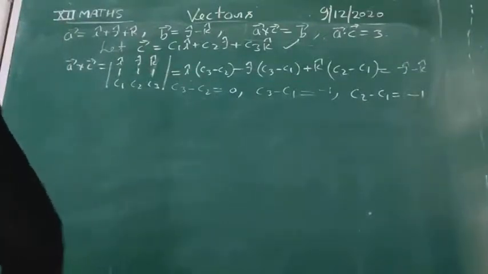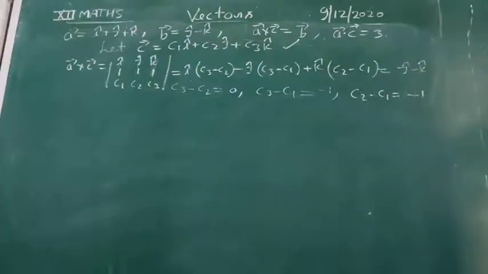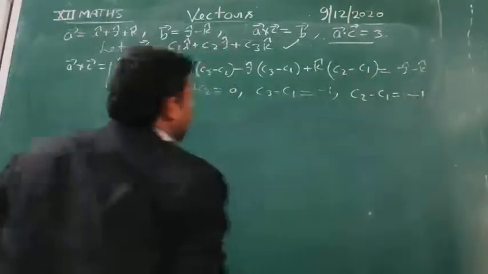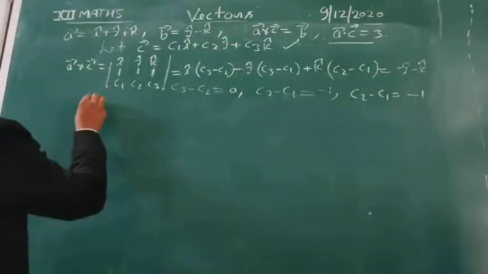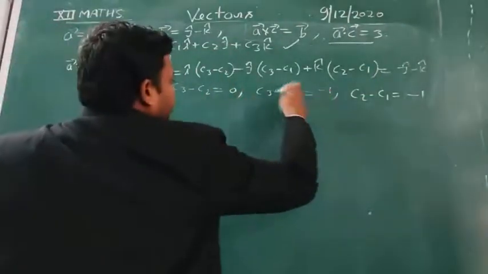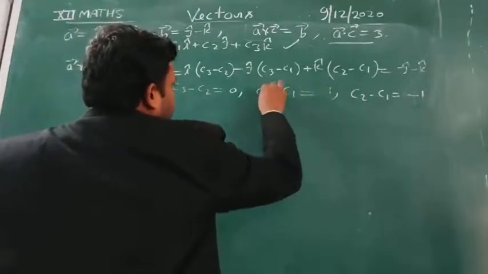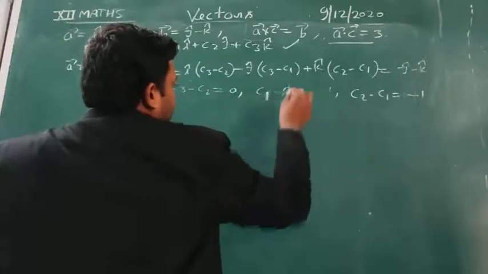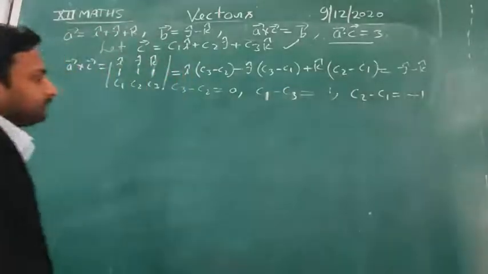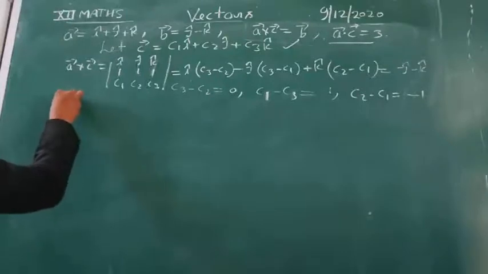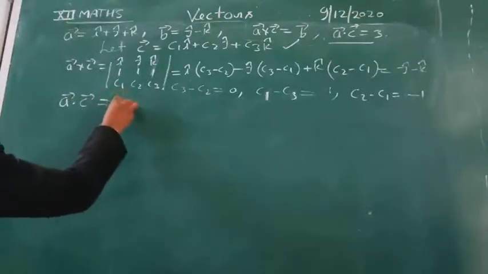Now student, we are given another condition, A dot C is equal to 3. So C1 minus C3 is 1. Now we are given A dot C is equal to 3.